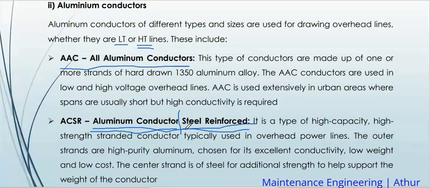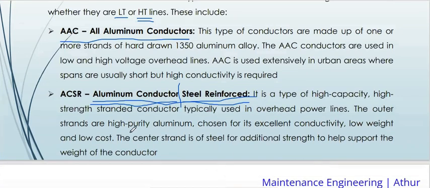But this steel is used in stays. All those accessories, let it be the turnbuckle, the running bracket, the stay wire, the pole top make off, all those accessories of the stay are made of steel. Okay? So that is aluminium conductor steel reinforced.